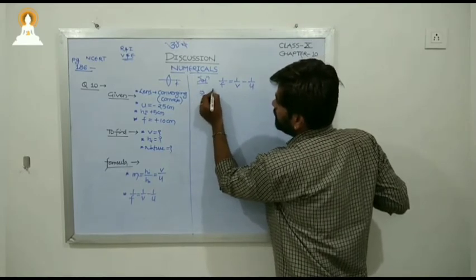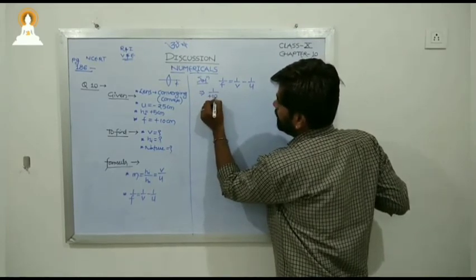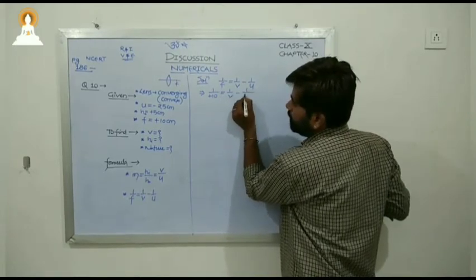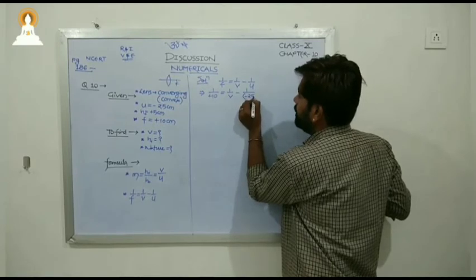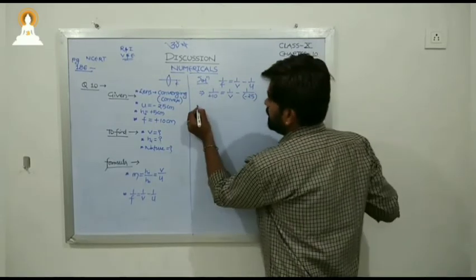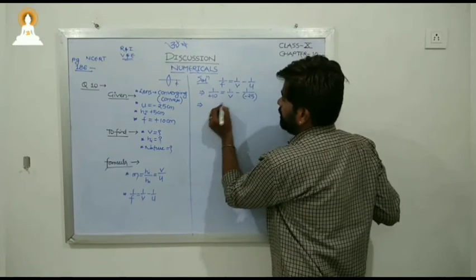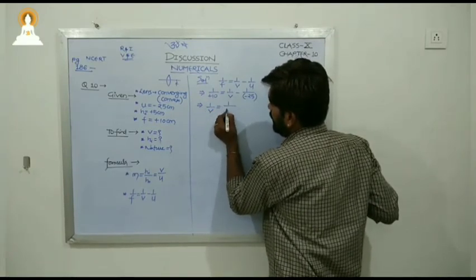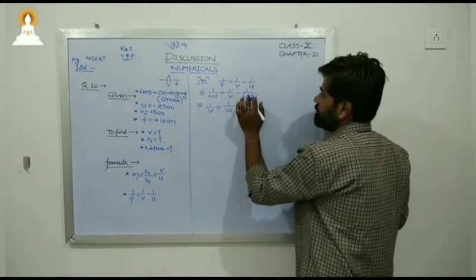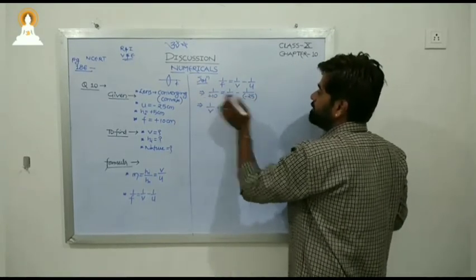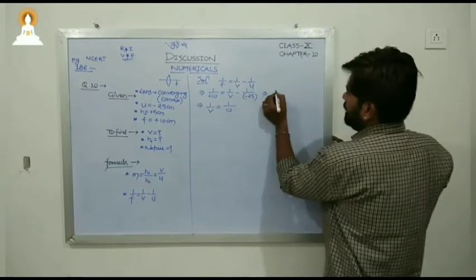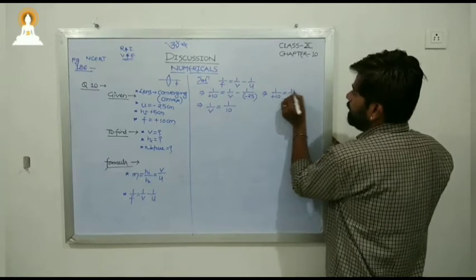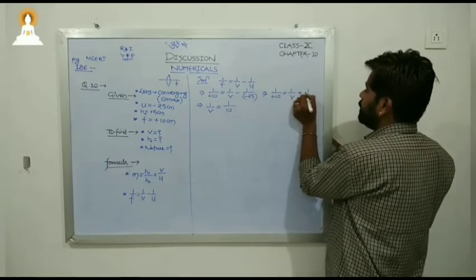So 1 upon plus 10 is equal to 1 upon v minus 1 upon minus 25. If we have to find 1 upon v, this minus minus becomes plus, so 1 upon plus 10 is equal to 1 upon v plus 1 upon 25.